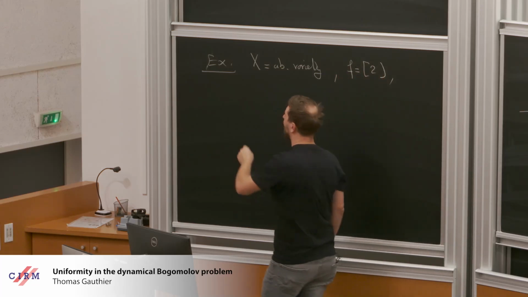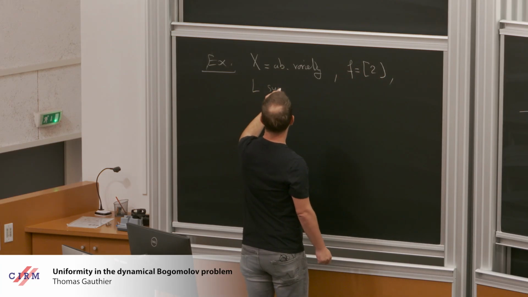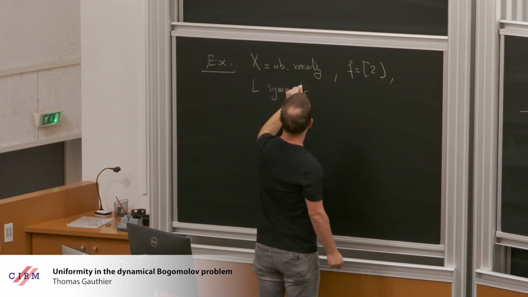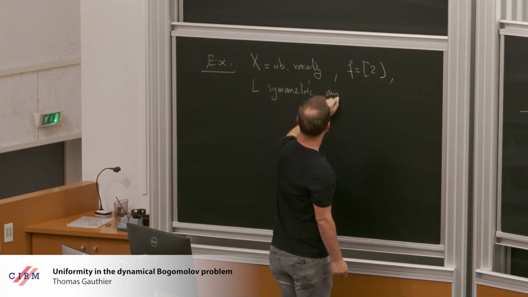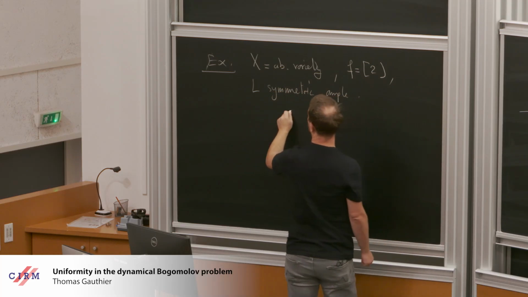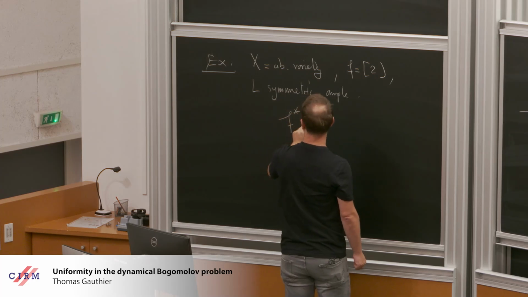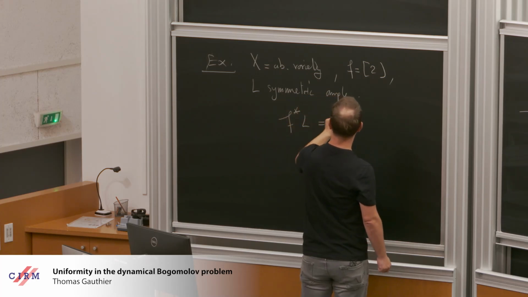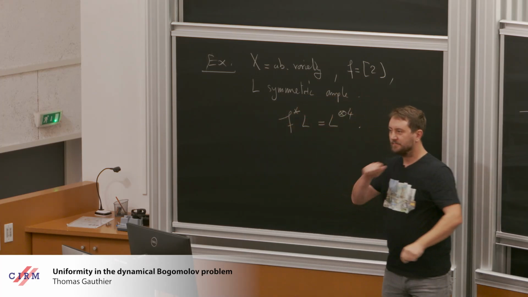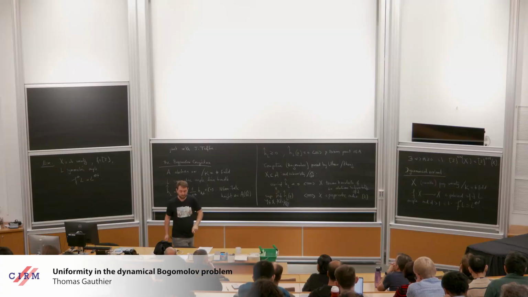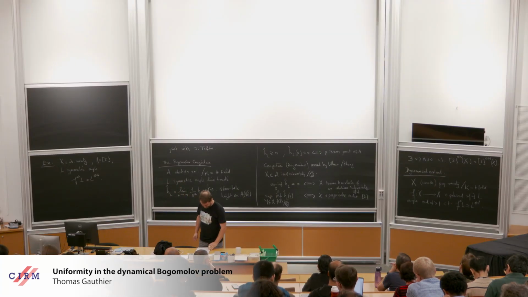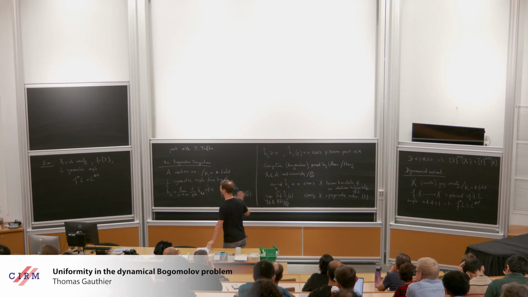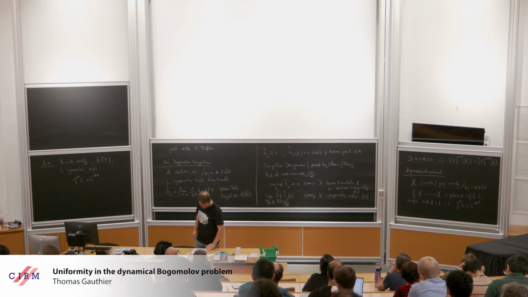And you can take L any symmetric and ample line bundle. Then if you pull back L, you have L to the 4. Okay, so this is really the same framework, somehow.